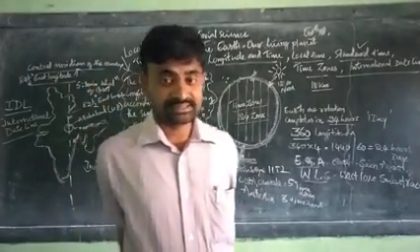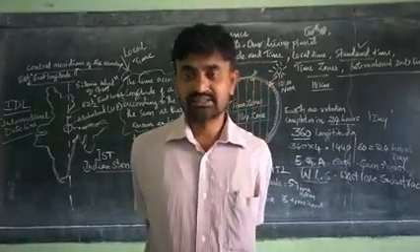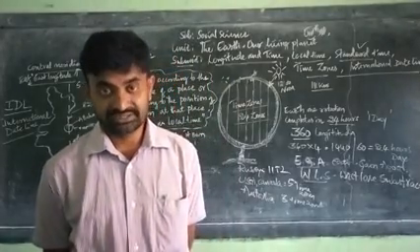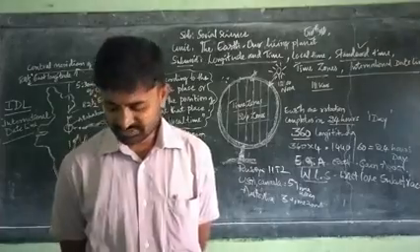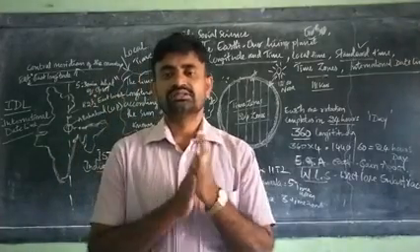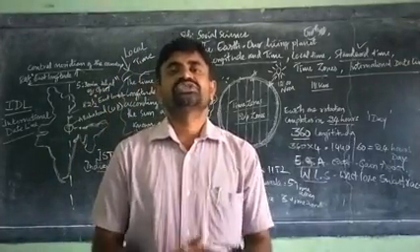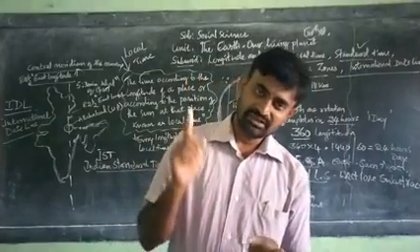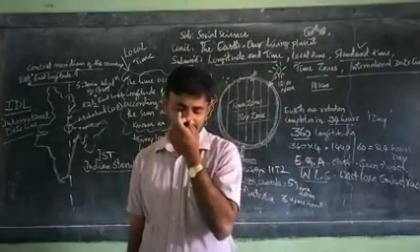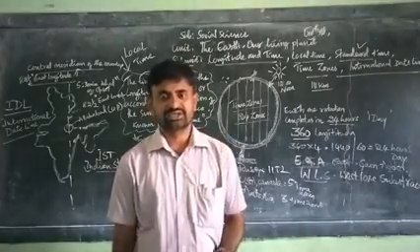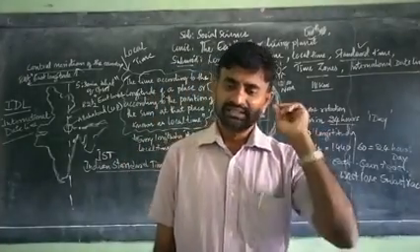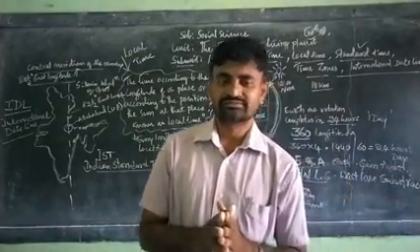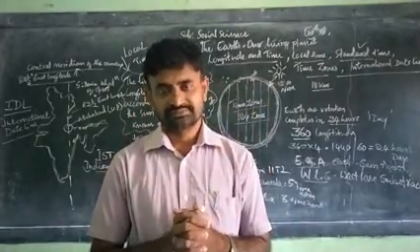Dear students, these are all the important questions in the form of fill in the blanks, answer the following questions, define the following, and terms to remember. All these different forms of questions appear in this unit.